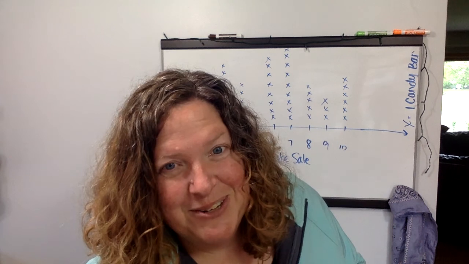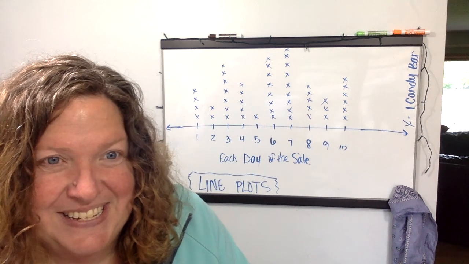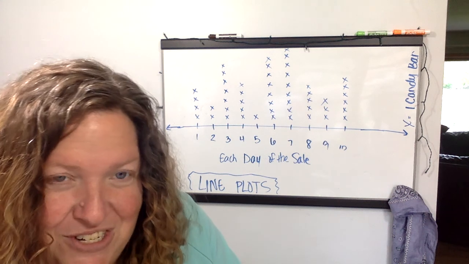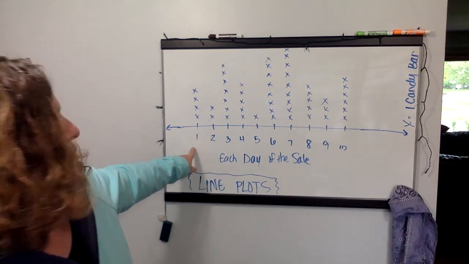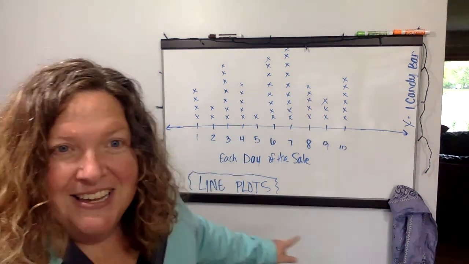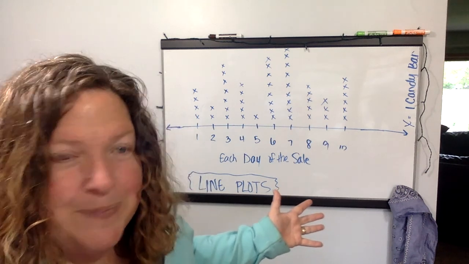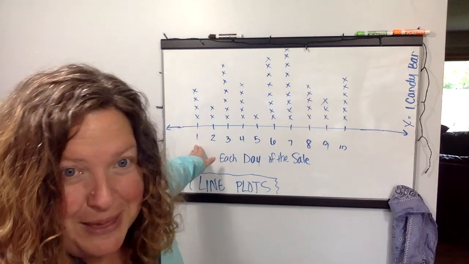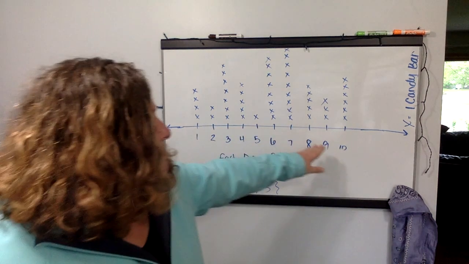And then finally, we talk about some statistical analysis, finding the mean, the median, the mode, and the range. So, what's the range? The range is the difference between the biggest number and the smallest number. The smallest number we sold was 1. We didn't sell 0 on any days, so that was kind of good.